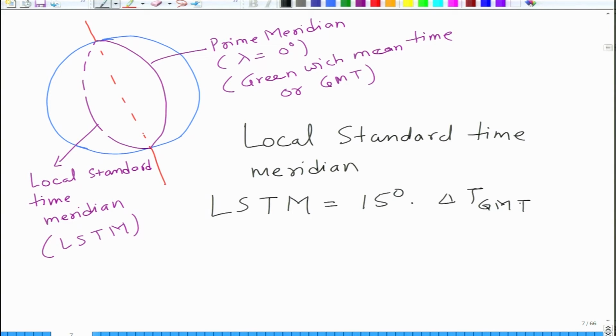So the time difference with respect to GMT in hours is equal to, basically, local time minus GMT time.